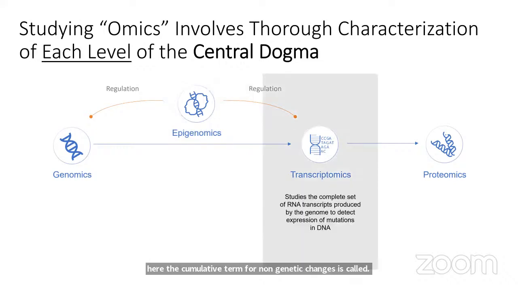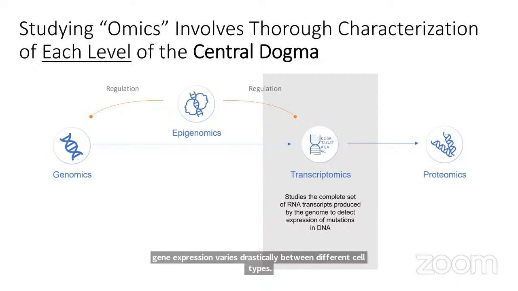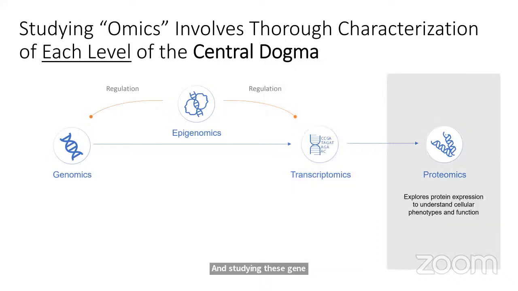On the other hand, RNAs are the functional output of one's genes. All your cells have the same DNA, yet gene expression varies drastically between different cell types. Studying this gene expression comes under transcriptomics. At the last level is the proteome.